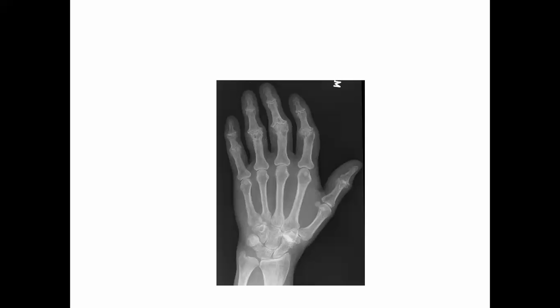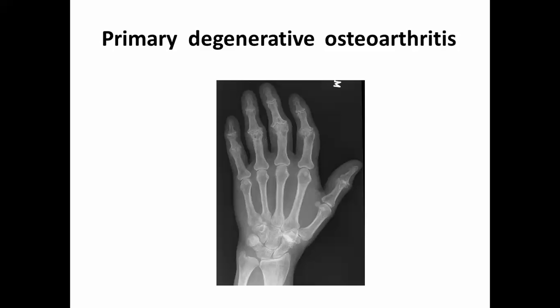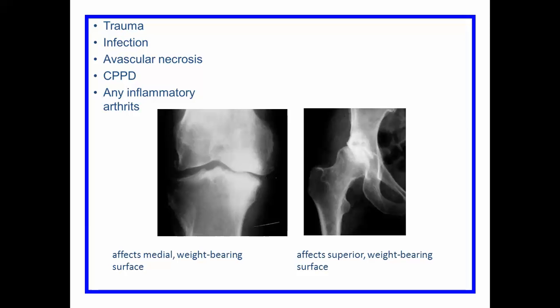This is an example for the primary degenerative osteoarthritis. This runs in families. Now here, this is degenerative osteoarthritis, which can complicate either trauma, infection, avascular necrosis, calcium pyrophosphate deposition disease, or any inflammatory arthritis.